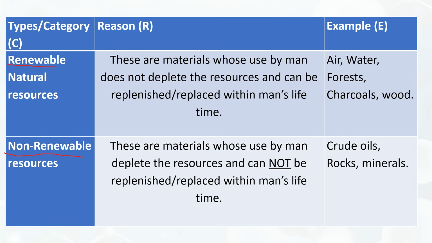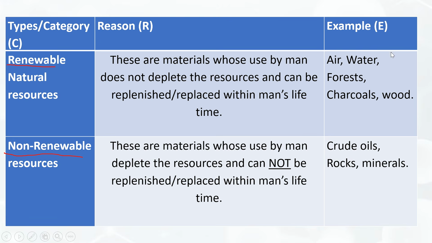And when we are categorizing them, we also give the reason, the definition or the fact. Renewable resources are materials whose use by man does not deplete the resources, and can be replenished within man's lifetime, things that can be replaced in a short period of time.